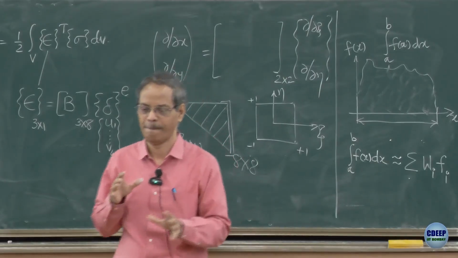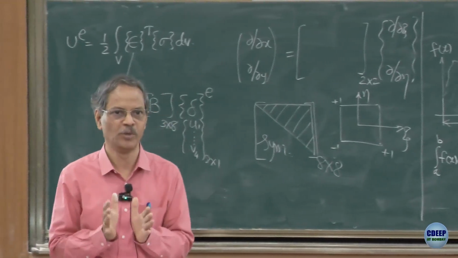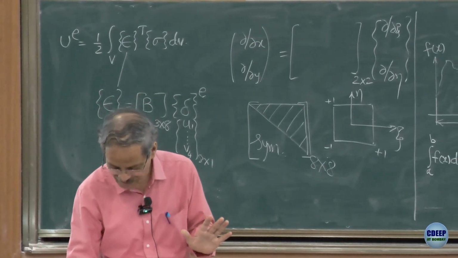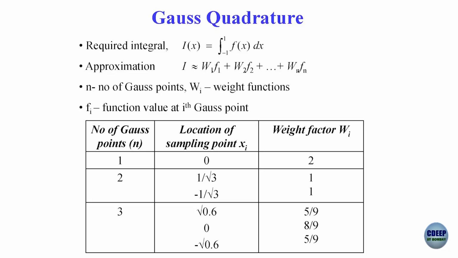Now, Gauss quadrature that we would be using is essentially similar to that. Structurally it is the same, W1 into F1, W2 into F2, etc., you add it up. Structure wise it is the same, I have written there.